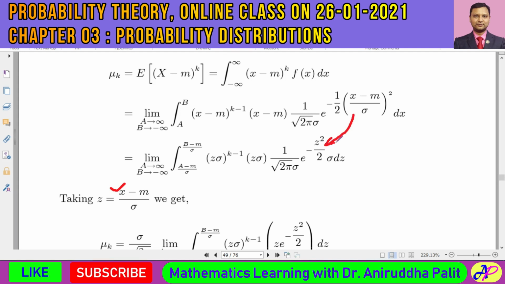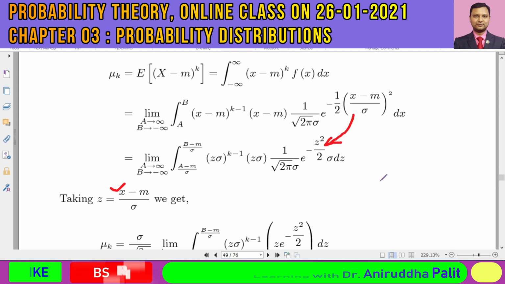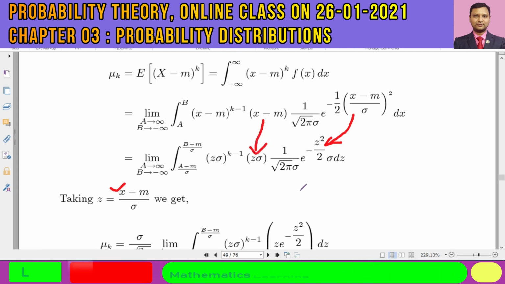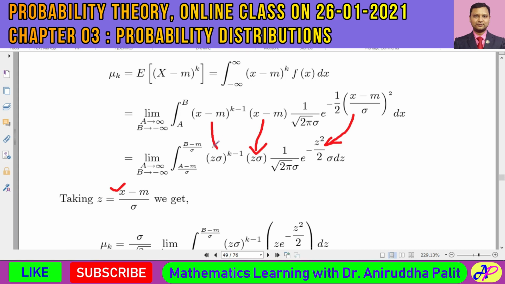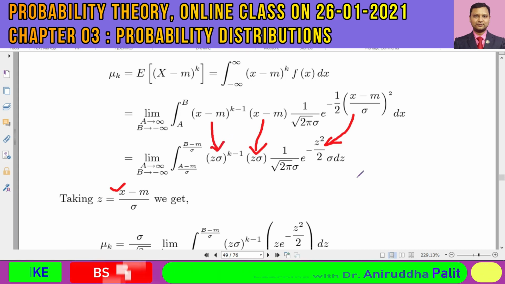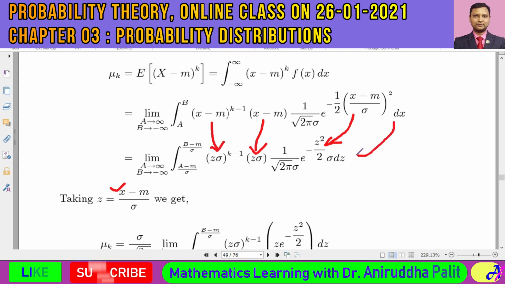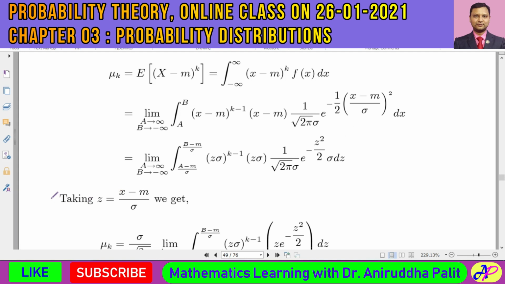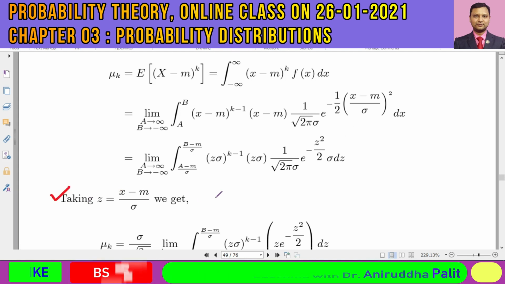The exponent becomes e to the power of minus half z square, and x minus m would simply be z sigma, and this dx would be sigma dz. So we are applying this kind of transformation over here.